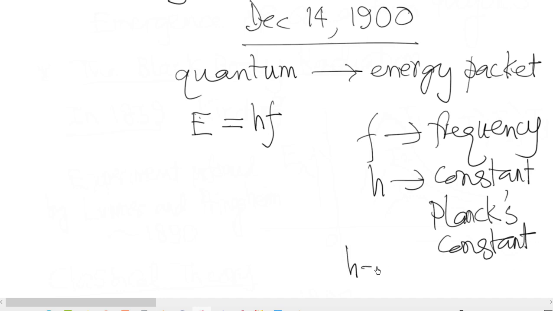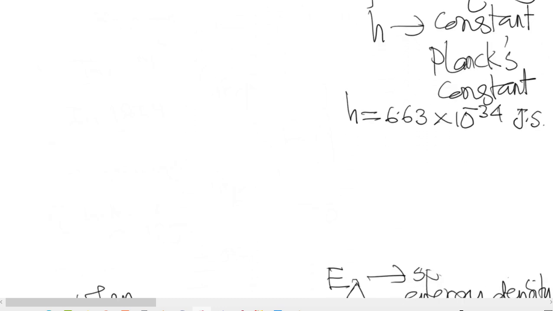It has a value 6.63 into 10 to the power minus 34 joule second. The oscillator has definite amounts of energy in discrete levels called energy levels.